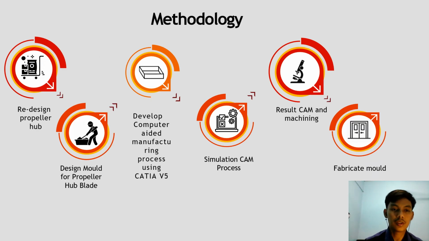Now, methodology. First, redesign the propeller hub, which means we redesign the propeller hub prototype that has been made before. Then design the mold for the propeller hub blade from SolidWorks.